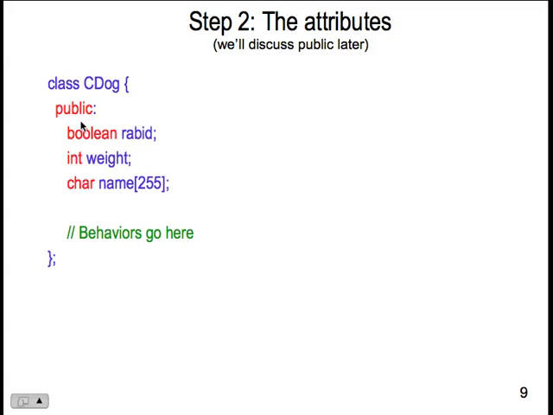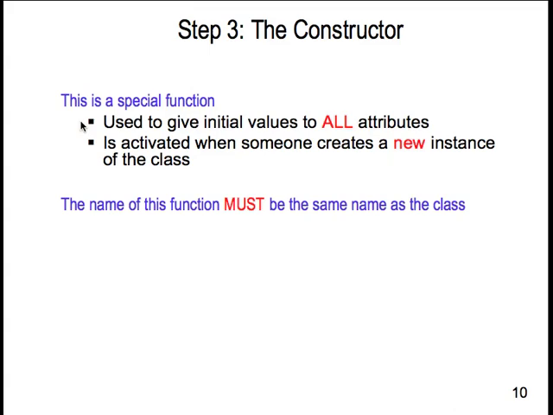When we get into inheritance, we'll see that. But for right now, we're just going to make them public because it's a little easier to work with in terms of the demonstration. So we have the concept of the constructor in C++, the same concept that we have in Java. In fact, in Java, we just have the constructor. In C++, we have the constructor, we have the copy constructor, and then we have the destructor.